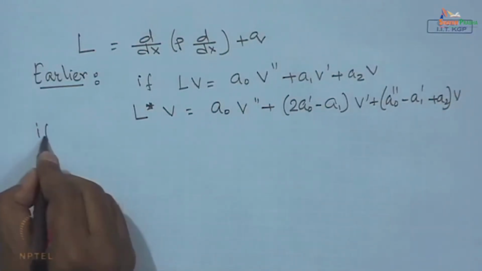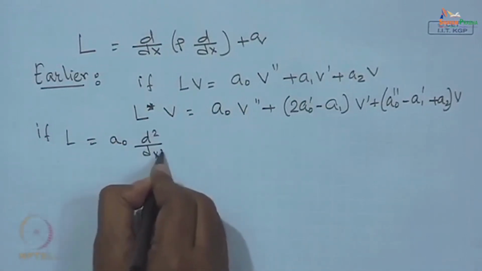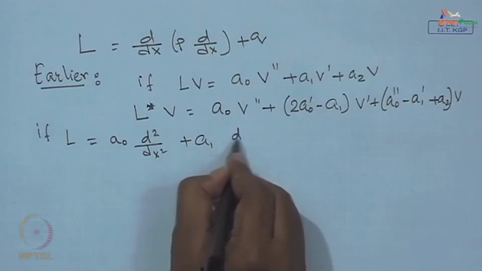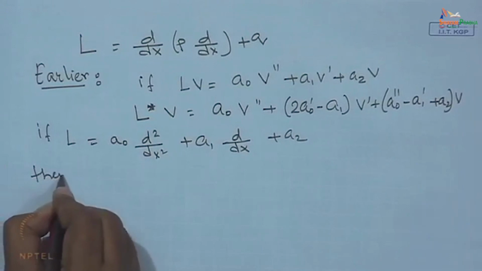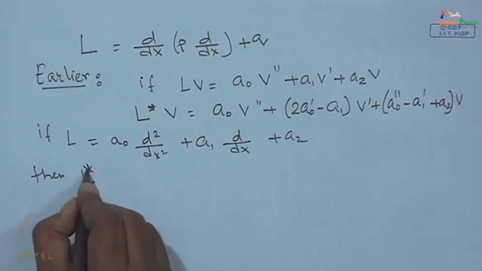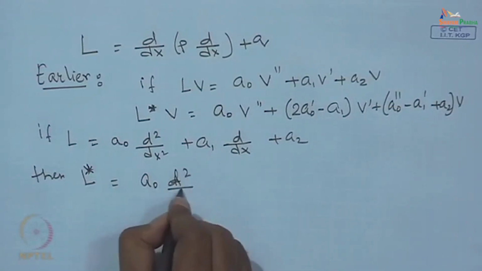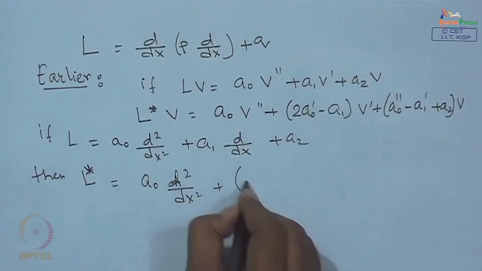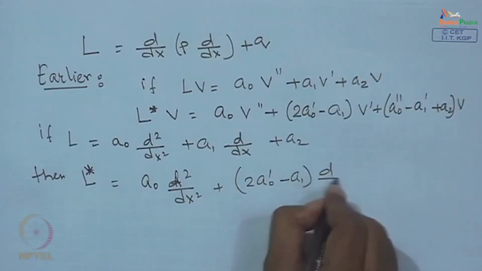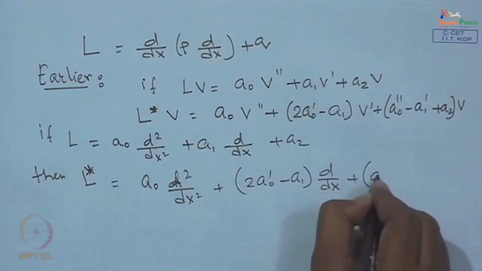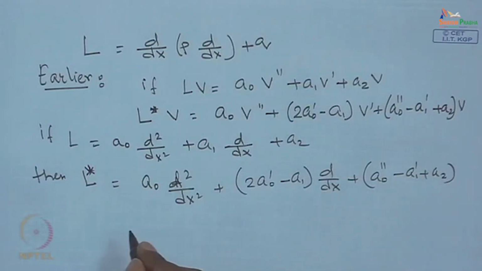That means, if my L is equal to a0 d square/dx square plus a1 d/dx plus a2, then my L star is a0 d square/dx square plus 2 a0 prime minus a1 d/dx plus a0 double prime minus a1 prime plus a2.